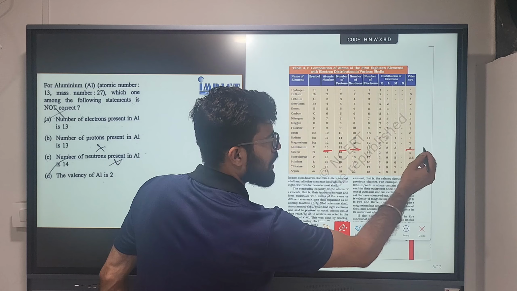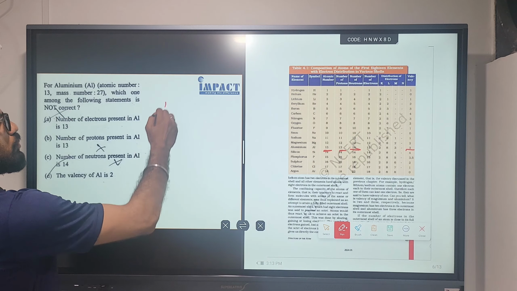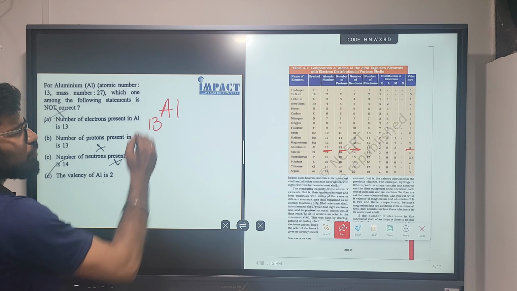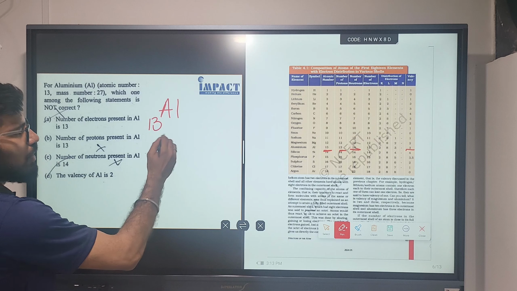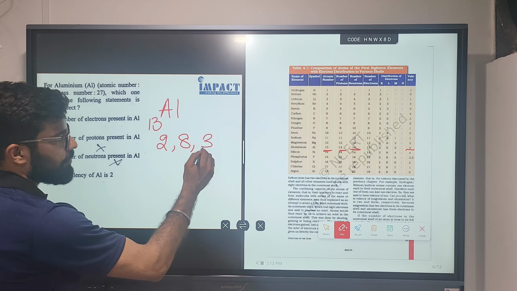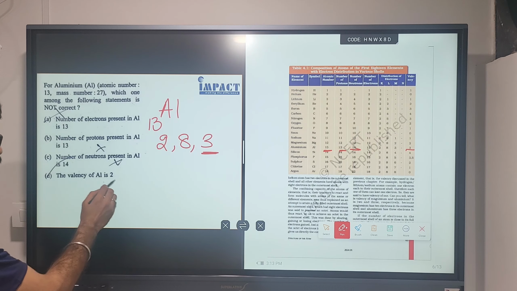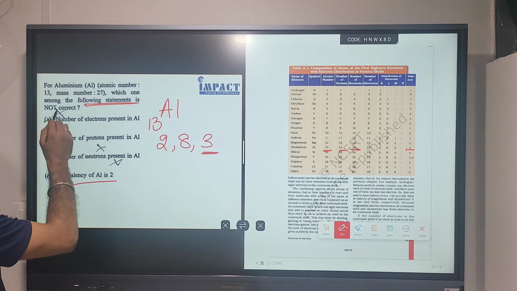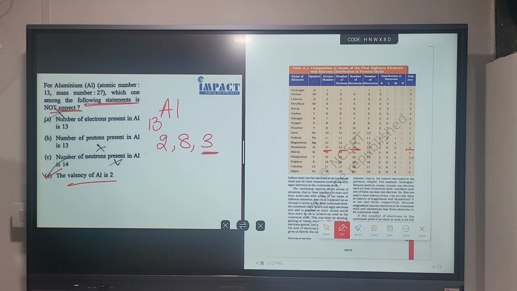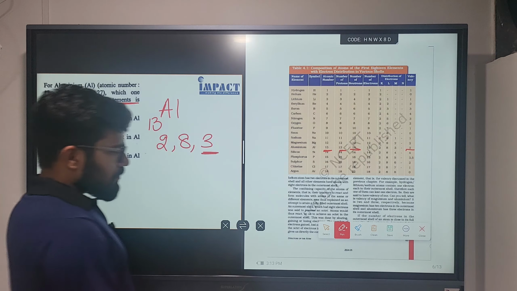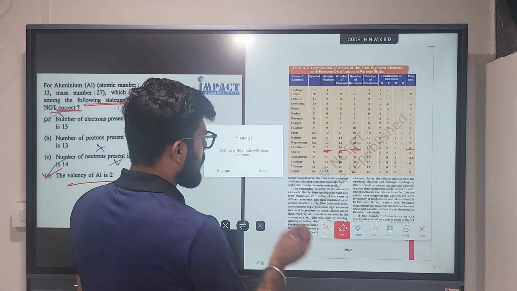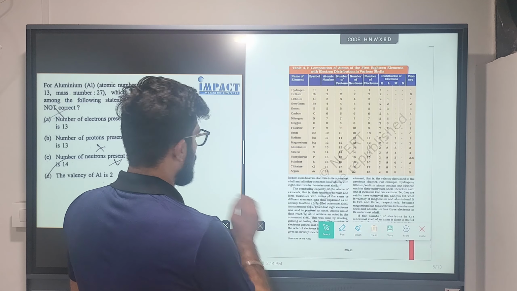No, it is 3. Aluminium has 13 protons, atomic number 13, configuration 2, 8, 3. It will have a valency of 3, not 2. They have asked which of the following is not a correct option. The answer is D. You can clearly see everything is from NCERT. Nothing has changed.